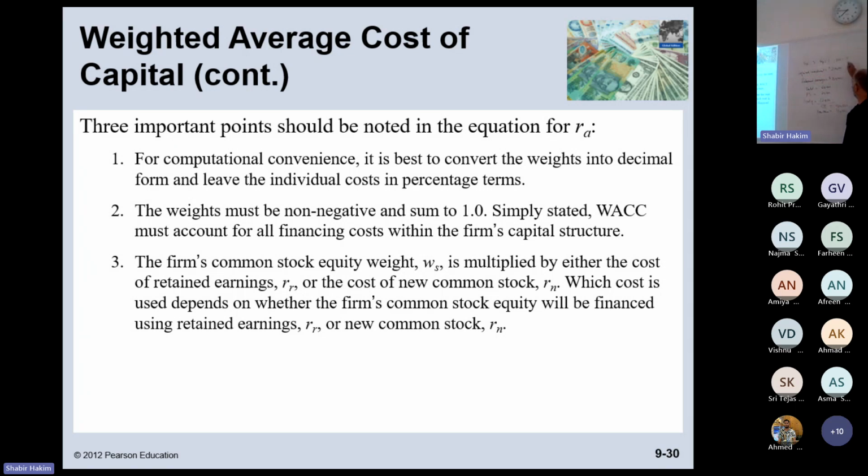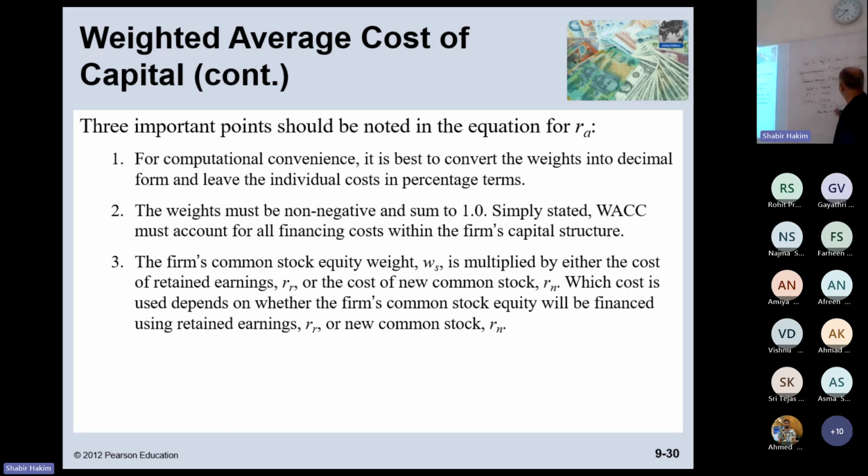Now, basically, if you are facing this kind of situation, then the weighted average cost of capital will already use a different formula. What will be the formula for WACC? Weights. WD will remain the same, 0.3. WP will remain 0.1.